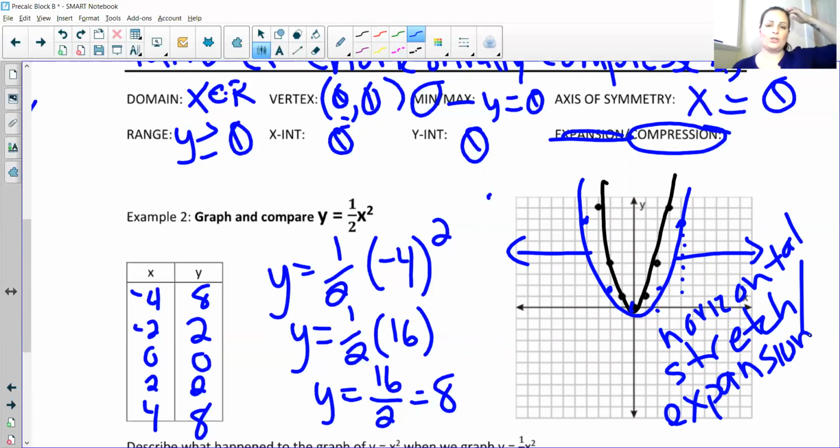Vertically, remember we usually talk in terms of horizontally, but sometimes just to throw you out of your game, it'll talk about vertically, in the textbook and in university, and you need to know that they're the same thing. So vertically what's happening is it's being squashed, it's being compressed vertically. So this is a vertical compression.